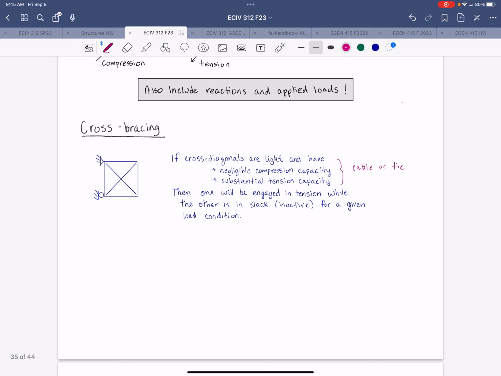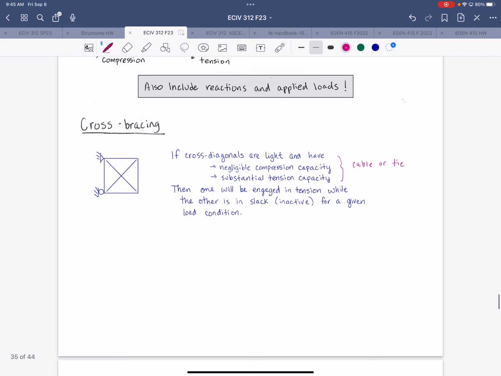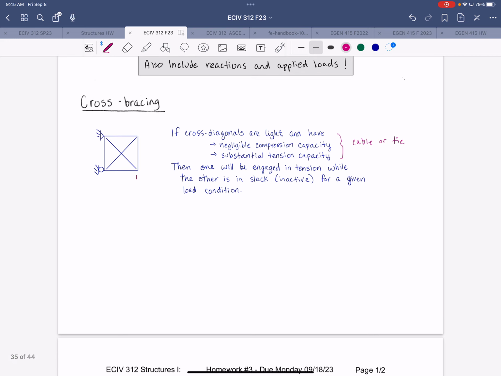So we would treat one of them as being engaged in tension and the other one as slack or in compression for a given load case or load condition. All right, so if we consider an applied force acting downward, and we were to cut the panel like this, if we drew a free body diagram of the right side of the cut, we would expose 4 internal forces, right?